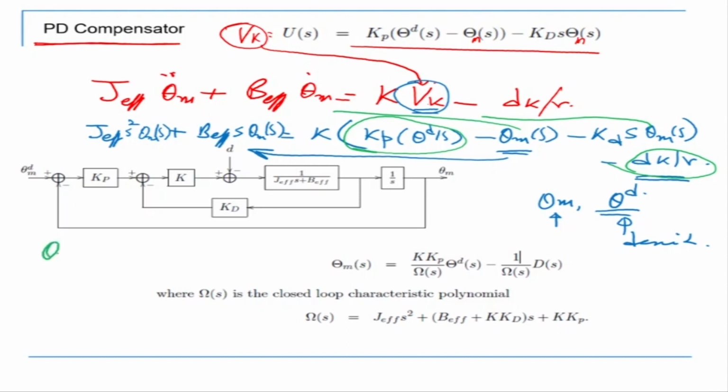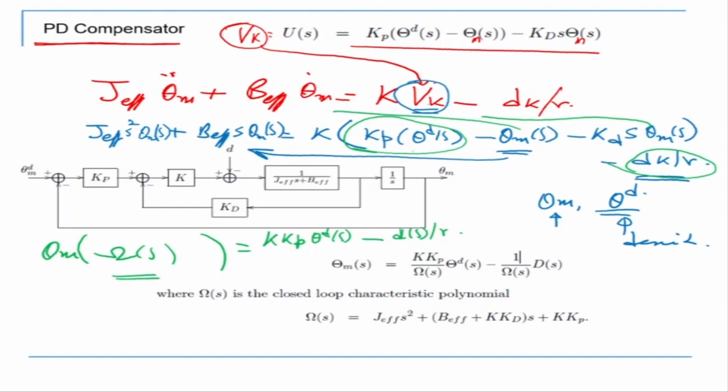So I take theta m s common, and the left side has the J effective S squared plus B effective plus K KD S plus K KP terms, which I denote by omega s. The right hand side you get is K into KP theta d s, minus dk s by r. I hope you understand what I did.